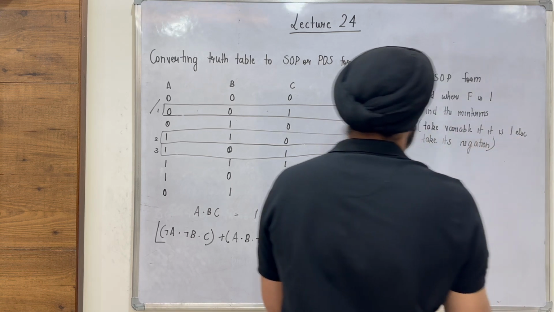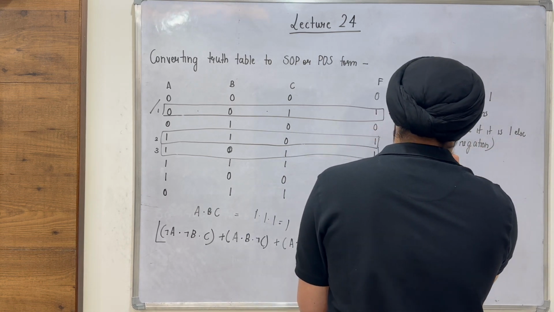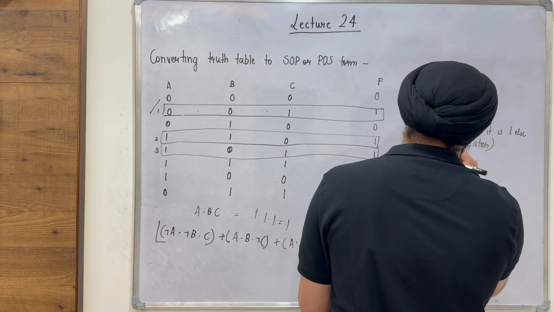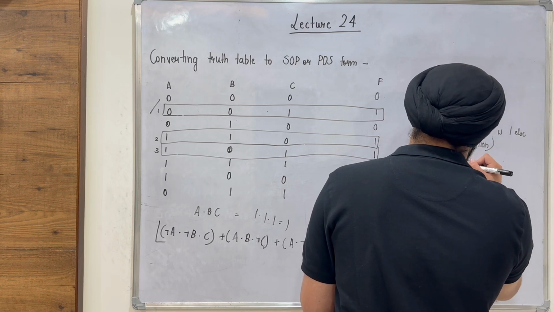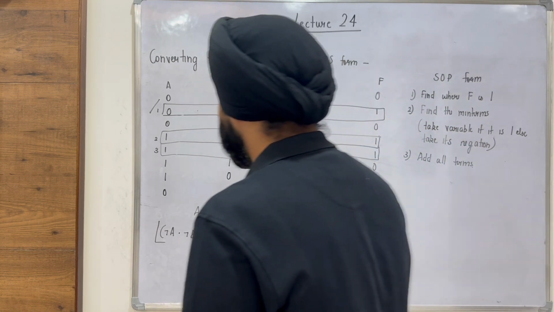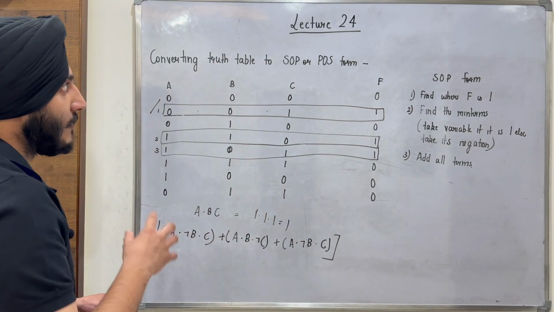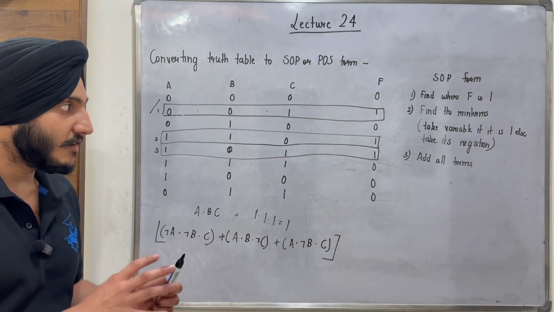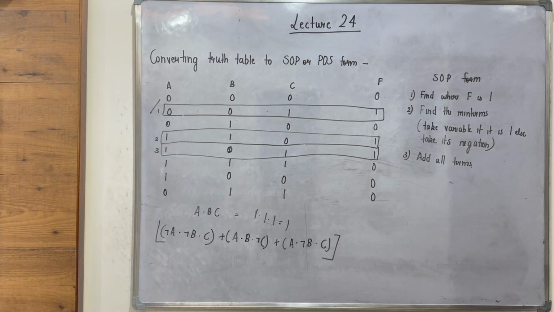Third one is add all terms. Okay, so I hope you were able to understand how this works, right? Each and everything.